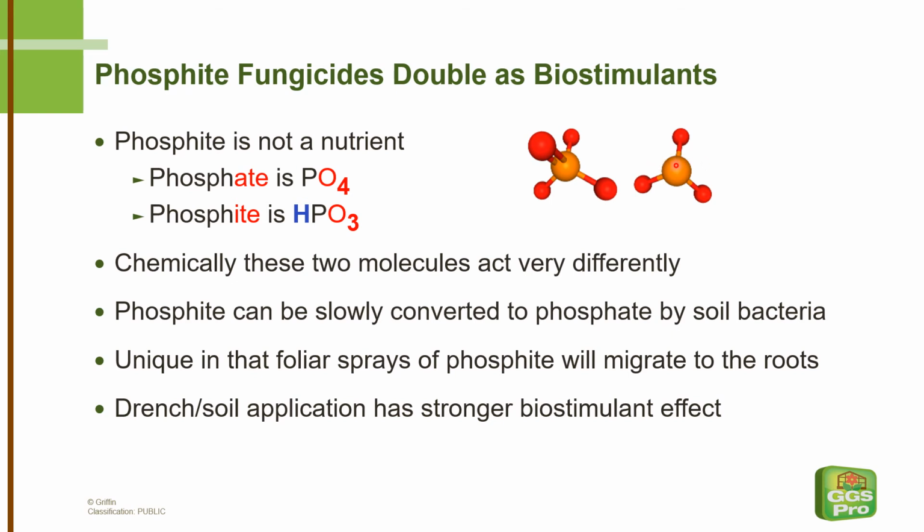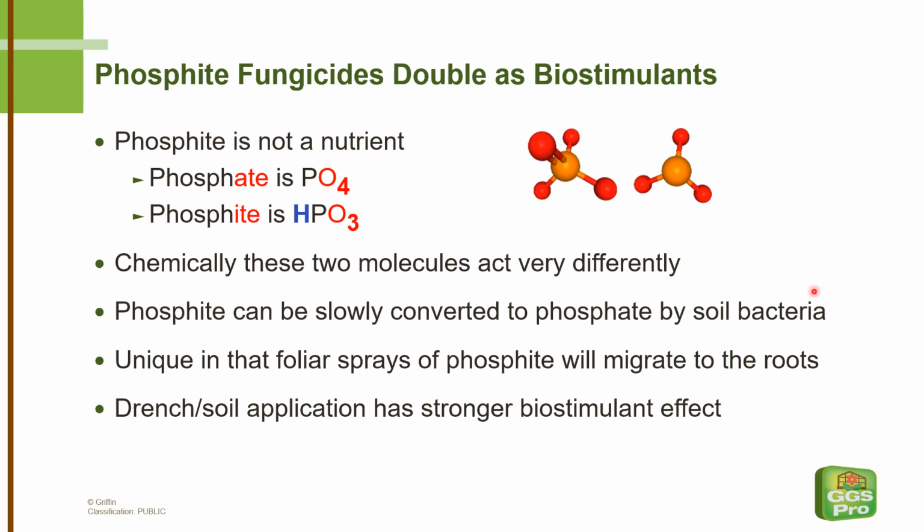So next we're going to talk about phosphite. Phosphite's been known as a fungicide for a long time. It is not a nutrient. The difference between phosphate, PO4, and phosphite shown here is the number of oxygens shown in red in our little diagram.